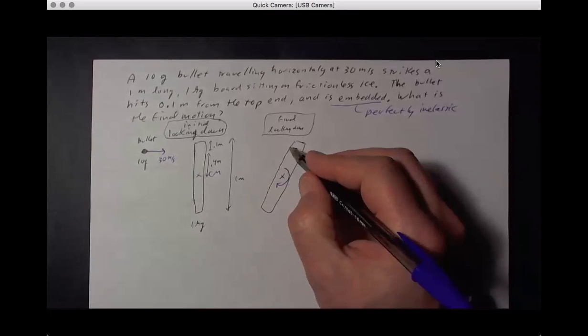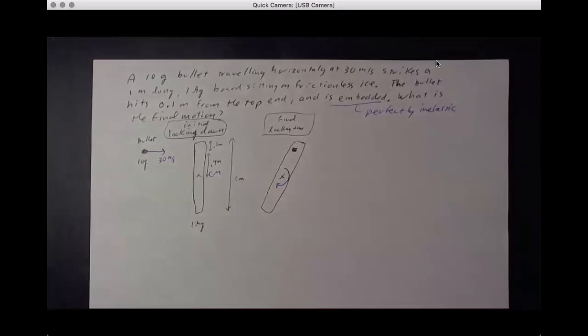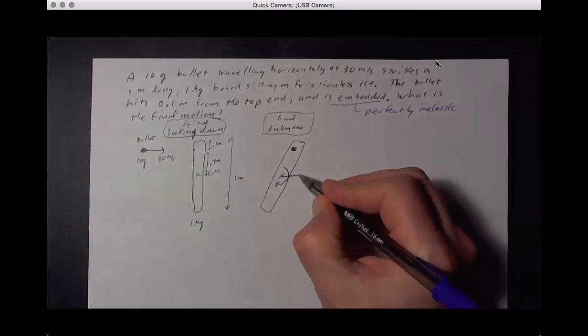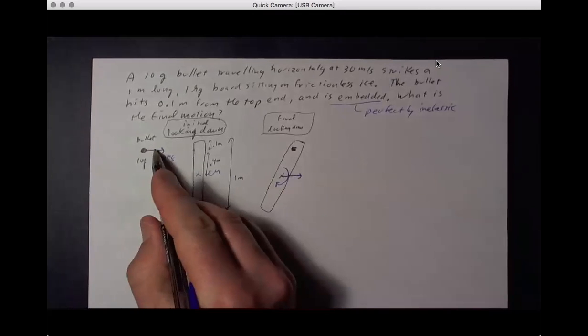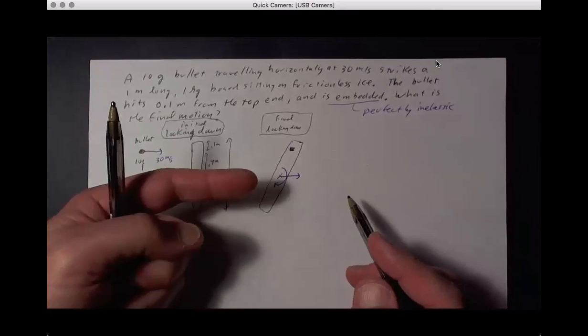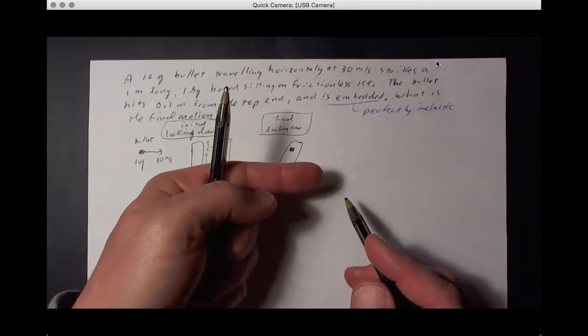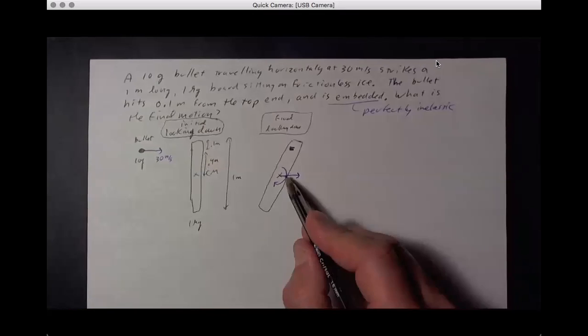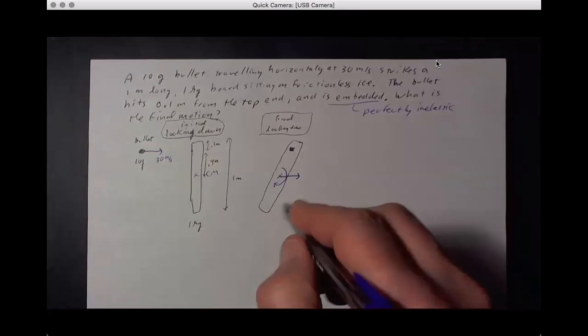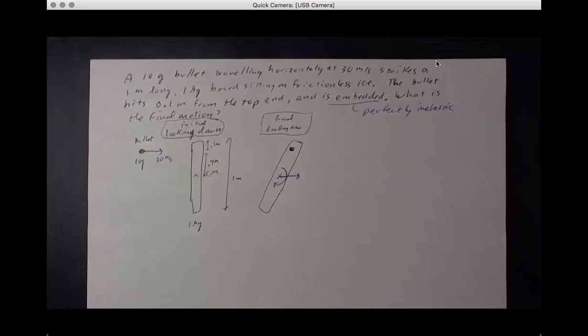If it hits on the top, it's going to go that way, right? And the center of mass is going to be moving this way, right? Since there's only momentum in this direction to begin with, in x, we don't expect any y momentum. It's going to stay in x. And so the board will be sliding this way as it rotates around. That's what we expect to happen in the final case.